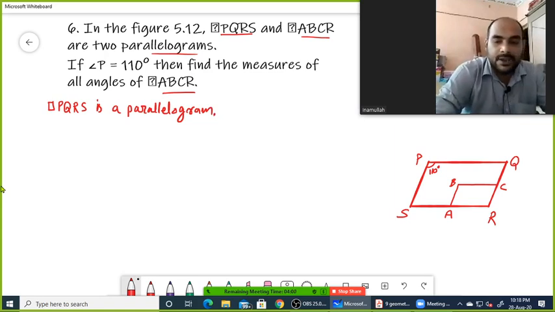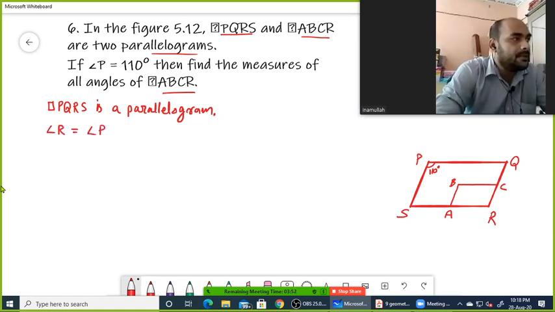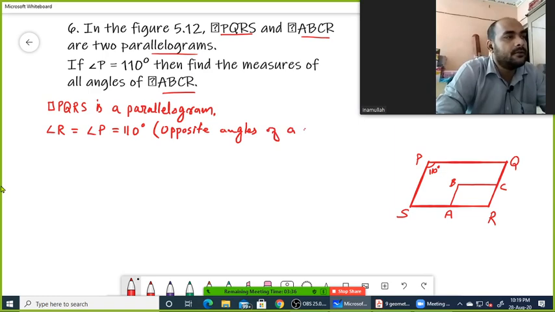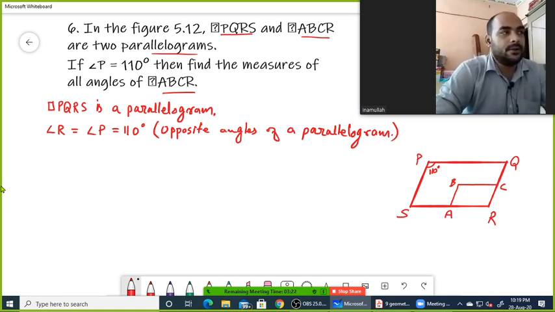If PQRS is a parallelogram, then angle R should be equal to angle P, and each will be 110 degrees. The reason: opposite angles of a parallelogram are congruent.